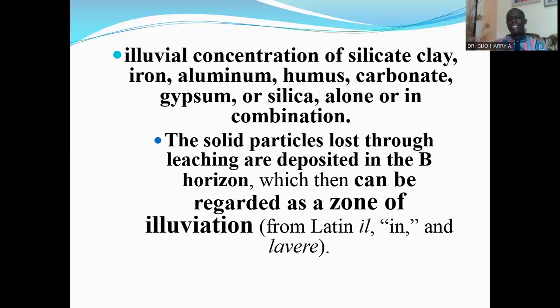The silicate clay, iron, aluminium, humus, and other constituents that were lost in the E horizon are being illuviated, or deposited, in the B horizon. The solid particles lost through leaching are deposited in the B horizon, which then can be regarded as a zone of accumulation.